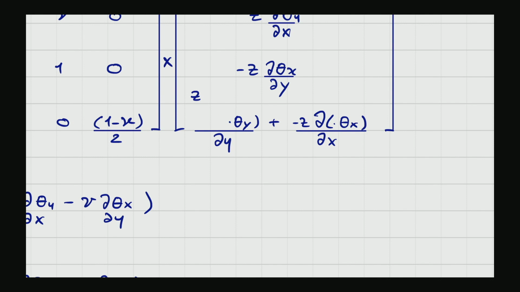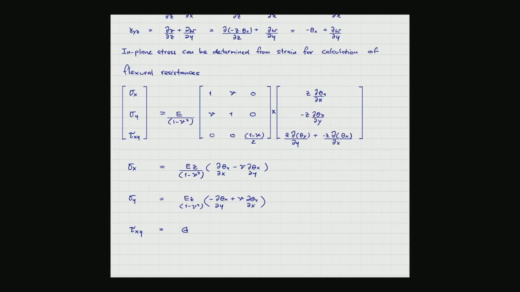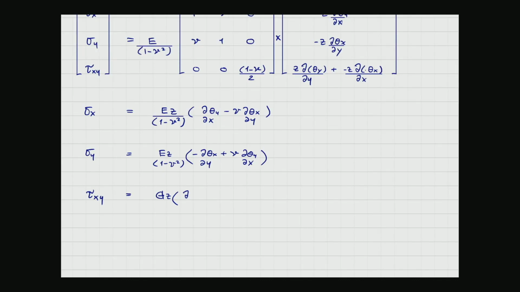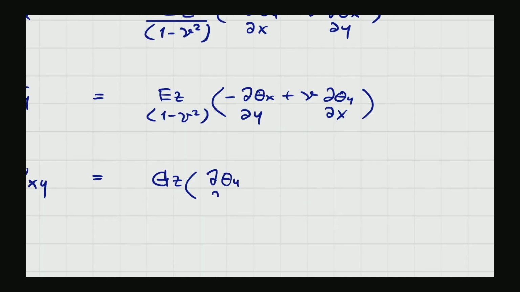So Z is taken out here, and then you have the partial derivative of theta y with respect to y minus the partial derivative of theta x with respect to x.